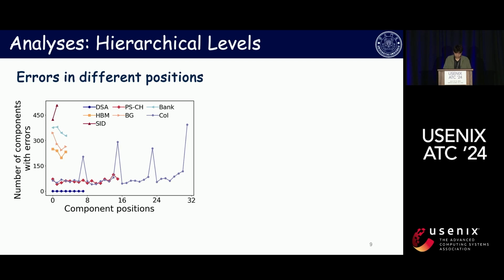We also observe that the 3D stacked structure of HBM impacts error occurrence. Recall that we group the 4 lower dice in HBM as SID1 and the top 4 dice as SID0. We observe that SID1 has more errors compared to SID0. In other words, errors are more prevalent in the lower HBM SIDs.